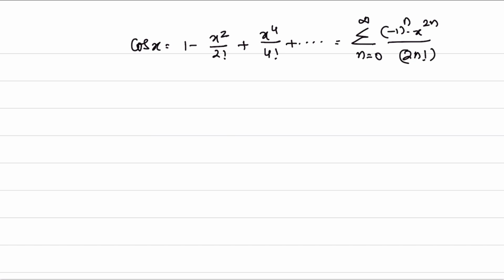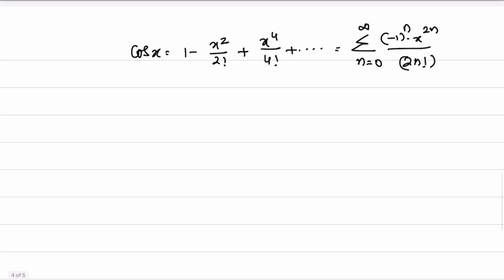Because if you see the denominators, it is 2 factorial, 4 factorial, 6 factorial, that is 2n factorial. If you see the numerator, when n is equal to 0, that is 1 value, and when n is equal to 1, it is minus 1 to the power of n. It is x square, that means x to the power of 2 into 1.